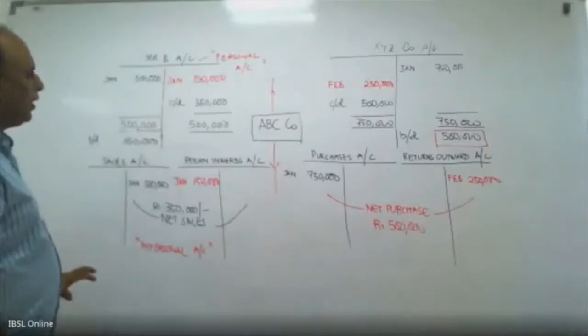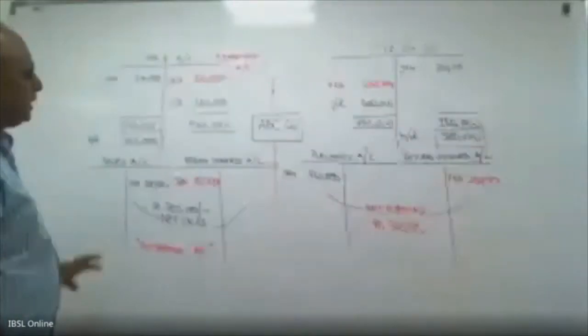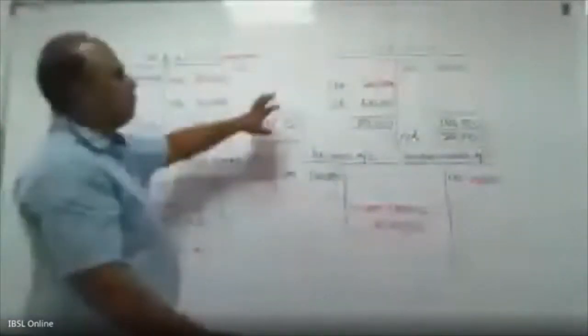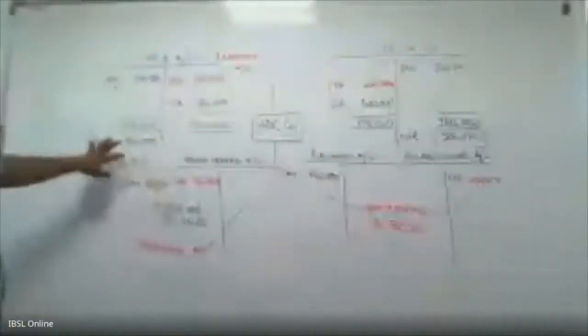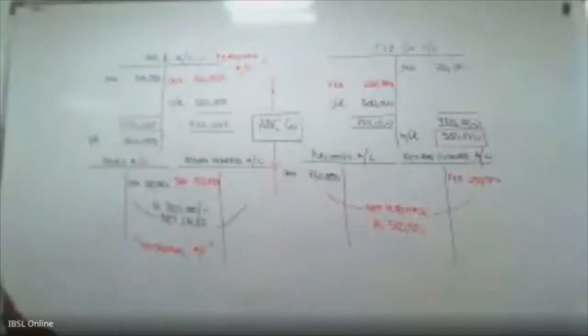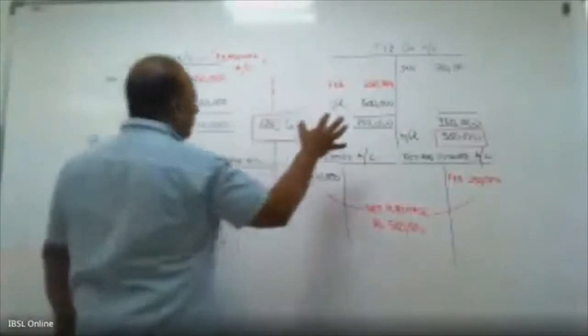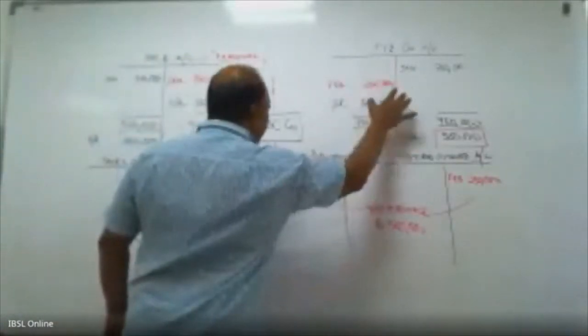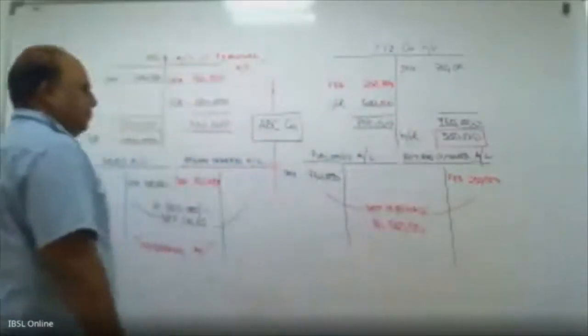So what you need to importantly know is the day books that are involved in the credit sale, the day books that are involved in the credit purchase. Okay, and the result of the credit sale will go into the books of sales ledger and general ledger, and the results of the credit purchase will go into the purchases ledger and the general ledger.